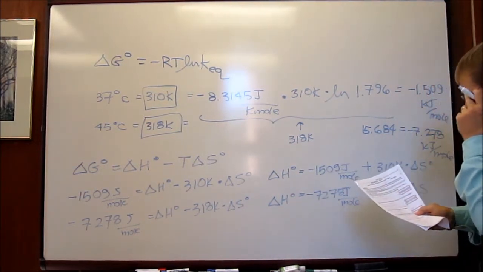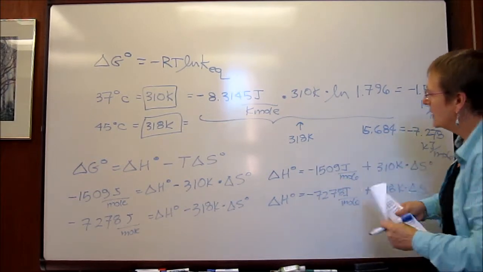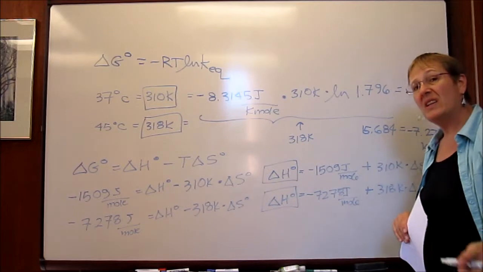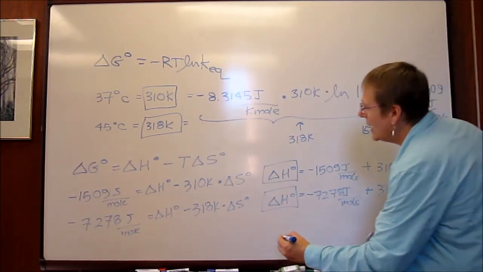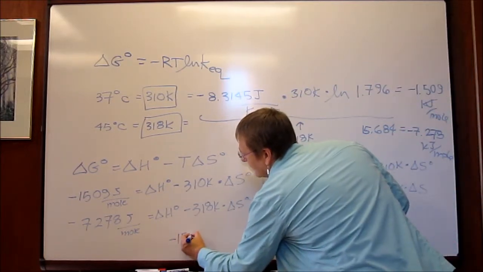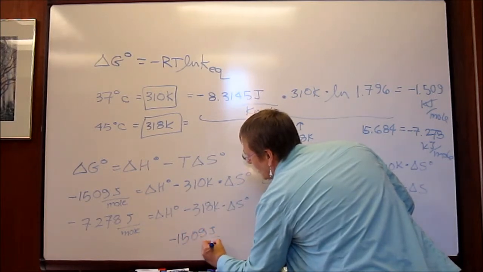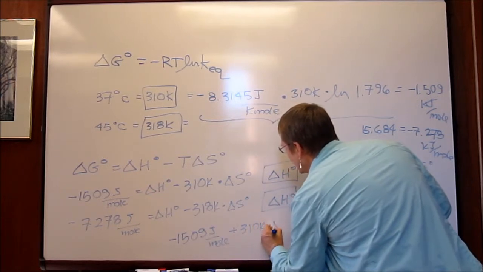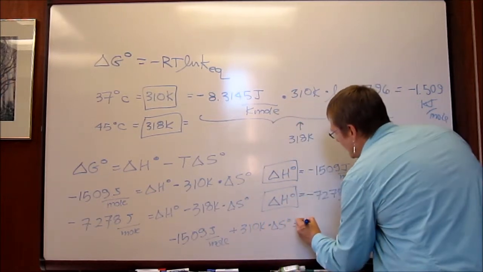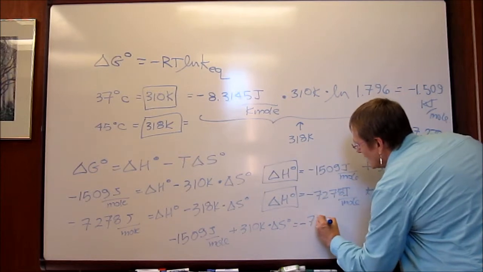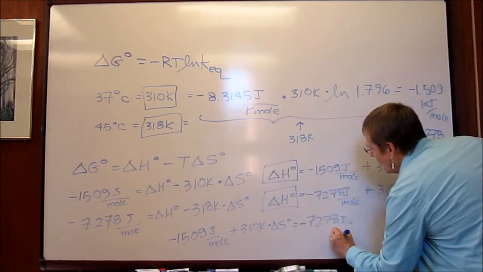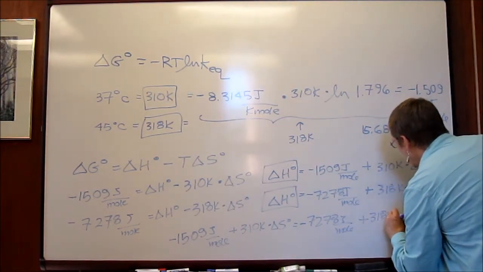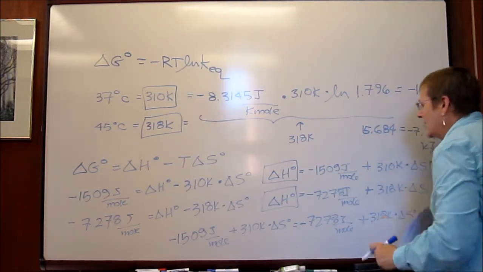But the great thing, of course, with this being 2 equations and 2 unknowns is that this is independent of temperature, so I can set one equal to the other and say negative 1509 joules per mole plus 310 Kelvin times delta S naught is equal to the other version of this, negative 7.278 joules per mole plus 318 Kelvin times delta S naught.